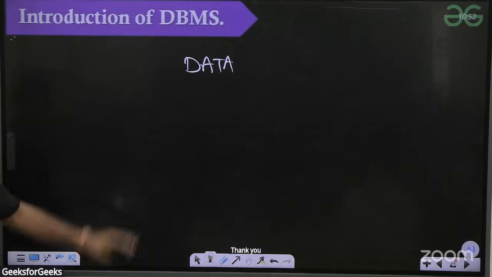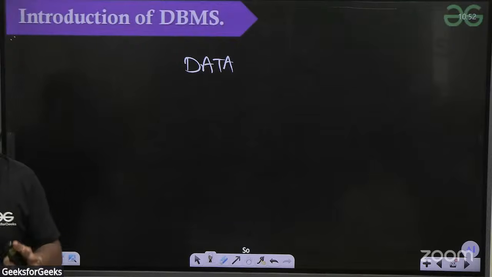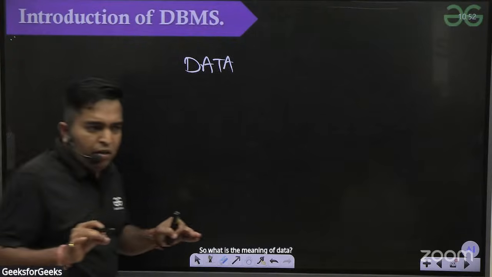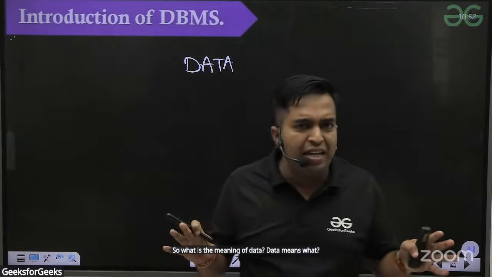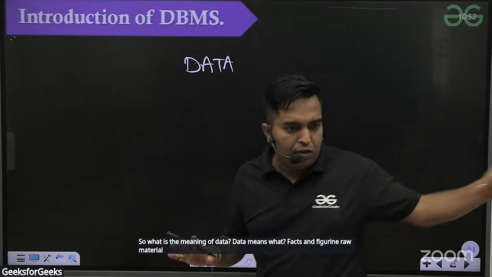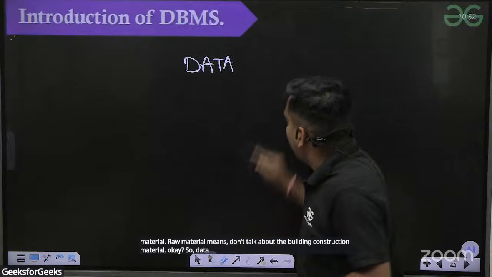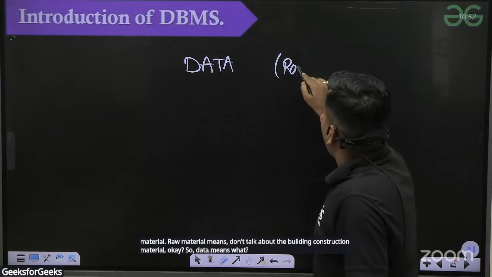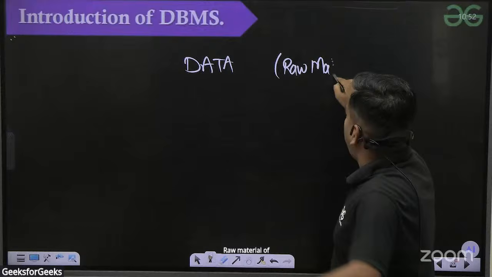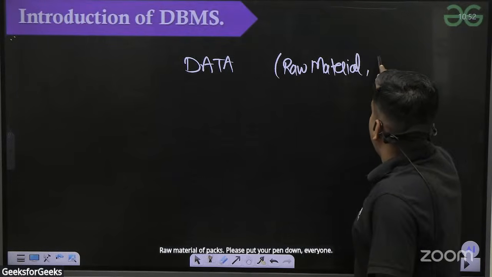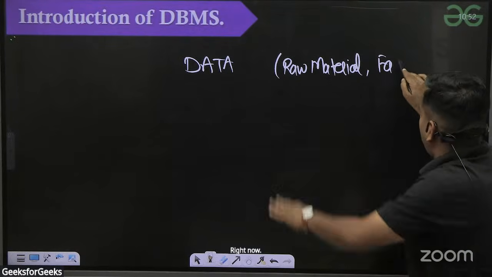Thank you. So what is the meaning of data? Data means what? Facts and figure या raw material. Raw material means don't talk about the building construction material. So data means what? Raw material या facts. Please put your pen down, everyone. Right now, no need to note down.